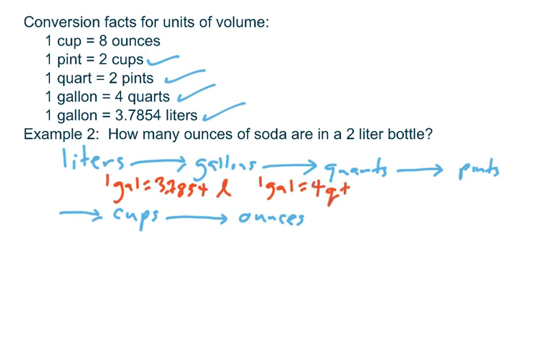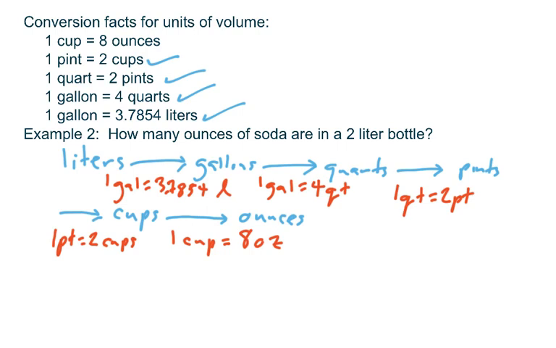I'm writing the conversion formulas under the arrows so I can see how the chain is going to work. 1 quart equals 2 pints. Pints is usually PT. And then converting from pints to cups, 1 pint equals 2 cups. Not really aware of a good abbreviation for cups that people use. And then finally, 1 cup equals 8 ounces, and ounces is usually abbreviated OZ.